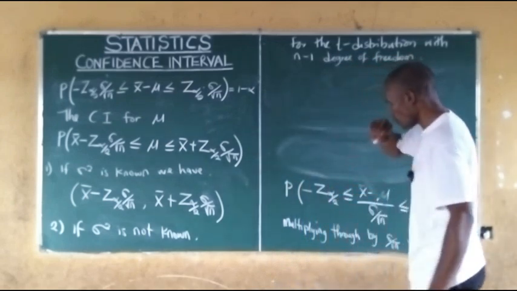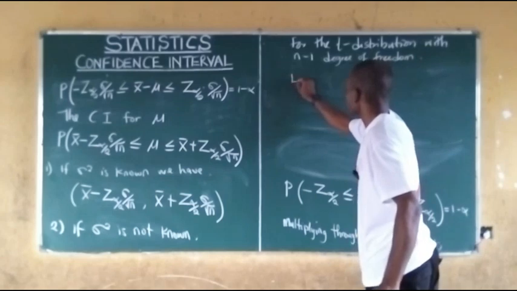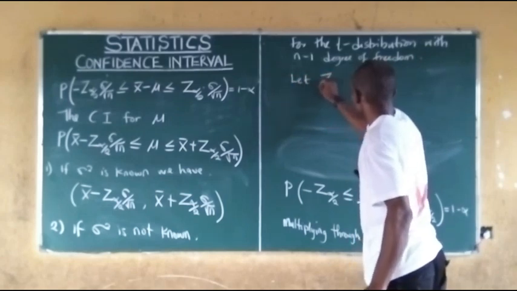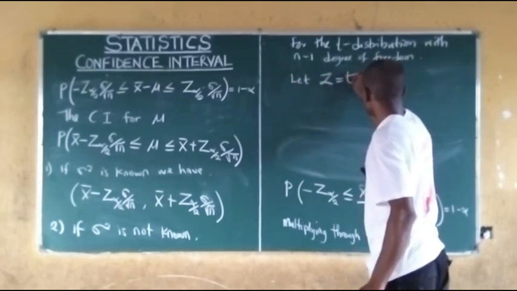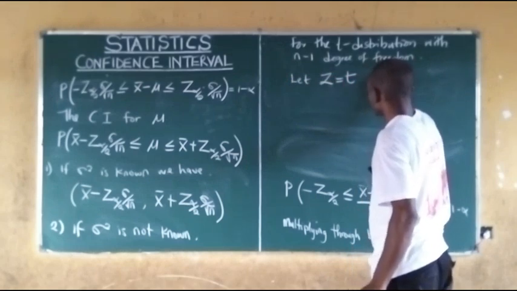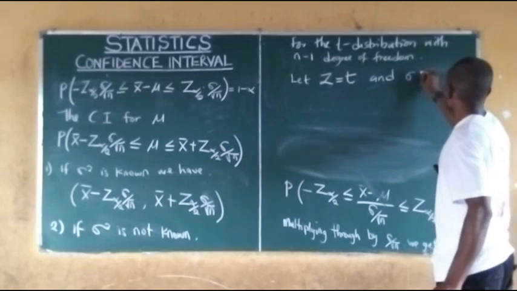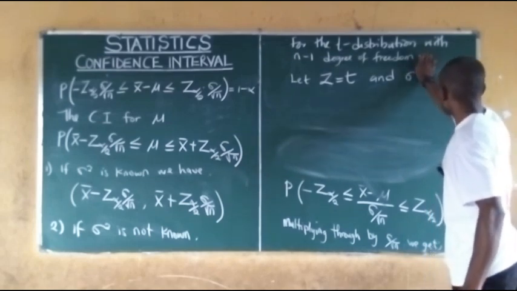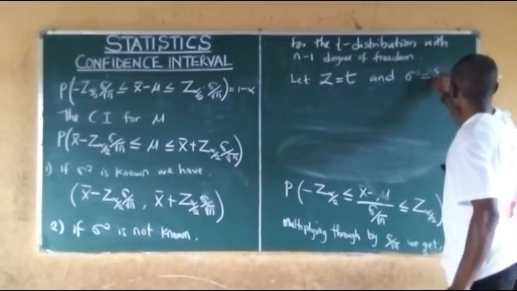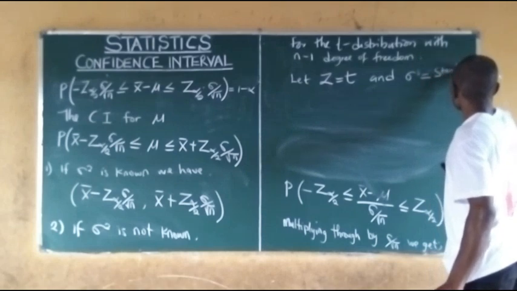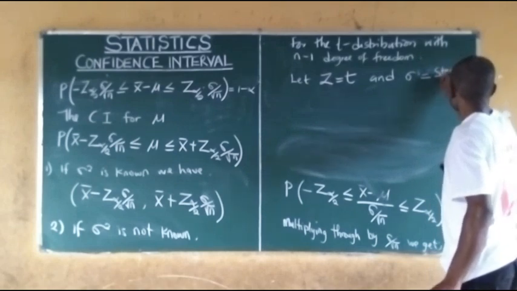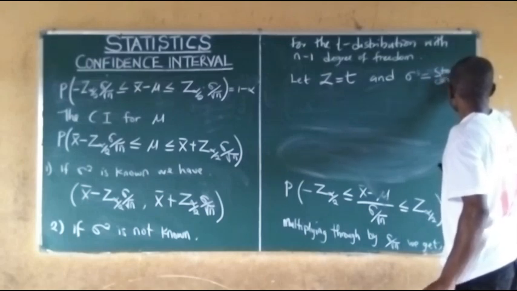We can say let z be equal to t, and our sigma will be replaced by our sample standard deviation.